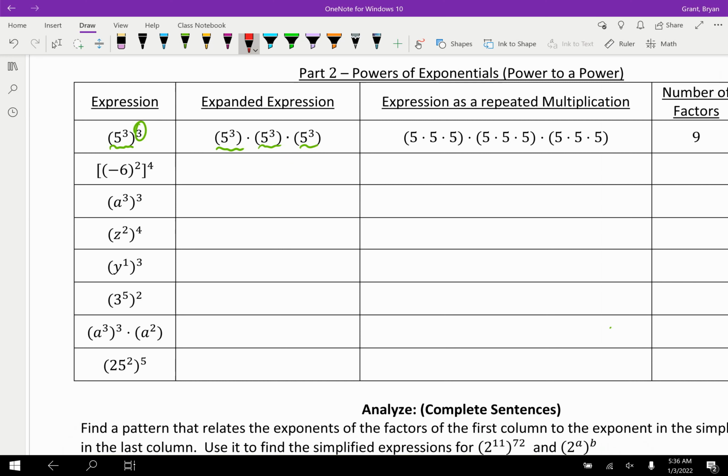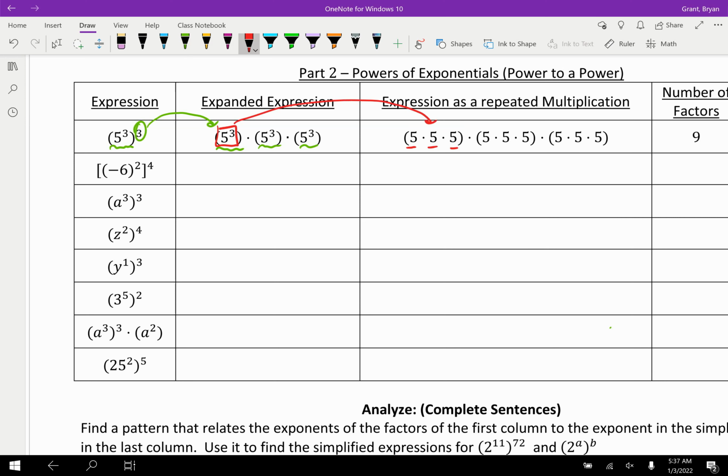But then we also need to remember that 5 cubed means that it's 5 times 5 times 5. And so we're going to write that out. First we have our expanded expression based on the 3. Then we have the 5 cubed written out over here as 5 times 5 times 5.